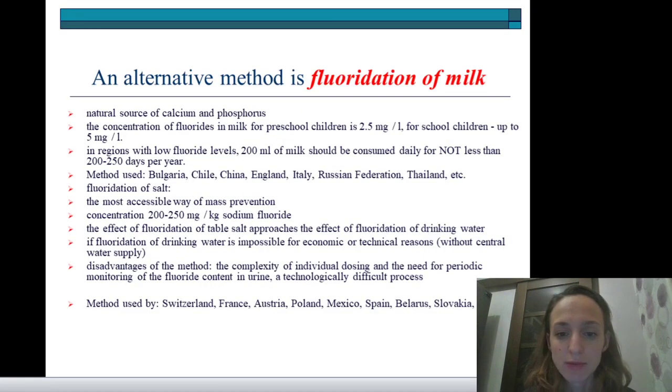An alternative method is fluoridation of milk, which of course is a natural source of calcium and phosphorus.